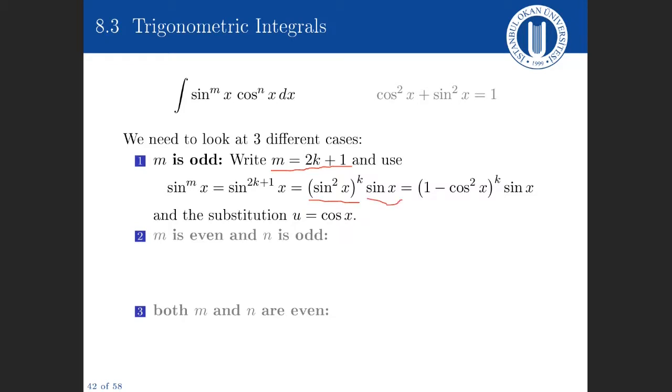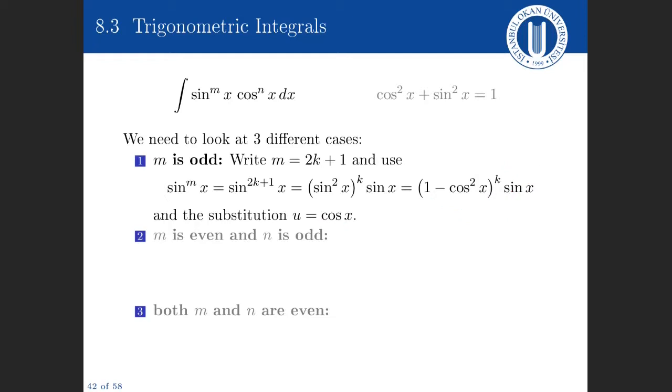Because, of course, cos squared plus sine squared is equal to 1, sine squared we can replace by 1 minus cos squared. And then we're going to do a substitution: u is equal to cos x. And then we'll have 1 minus u squared, all to the power k. And because du will be minus sine x dx, the minus sign will disappear. And we'll get something easier.